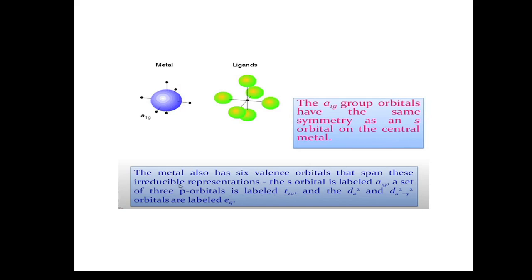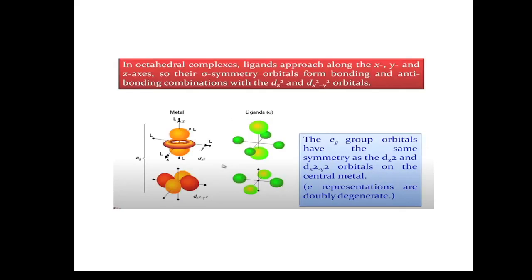In the metal you have 3d, 4s, and 4p. 3d will give T2G and EG, 4s will give A1G, and 4p will give T1U. So the s orbital is labeled A1G, the set of three p orbitals is T1U, and dz square and dx square minus y square are labeled EG.